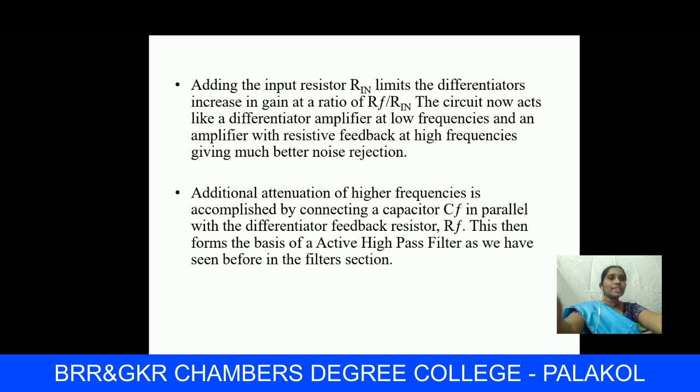That means the noise will not be amplified more than the input signal. An additional attenuation of higher frequencies is accomplished by connecting capacitor Cf in parallel with the differentiator feedback resistor. Okay, so that's why in active high pass filters we have to see these concepts.